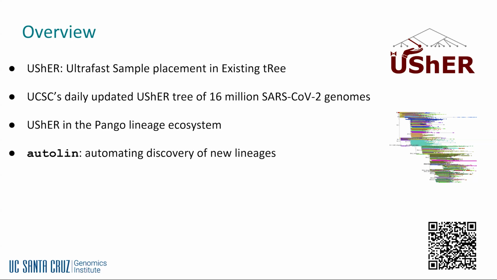I'll briefly show off our big tree of 16 million plus SARS-CoV-2 genomes that servers at UCSC are crunching away on updating as I speak. I'll talk about a couple different roles that UShER plays in the Pango lineage ecosystem as I see it today. And I'll delve into our tool autolin, which is an attempt to automate some of the work of finding new lineages.